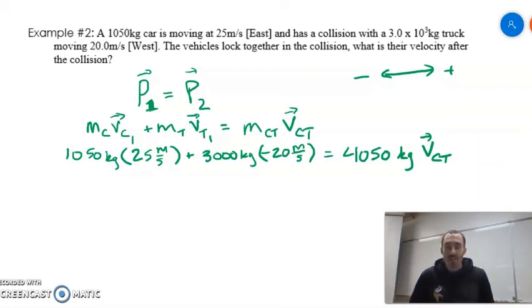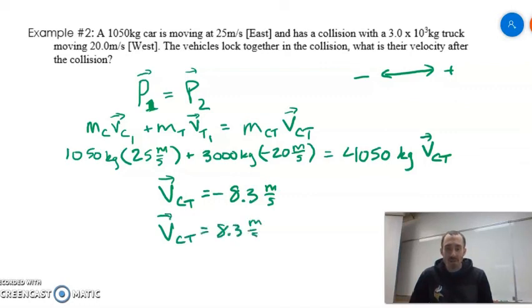You can put together the left side and then divide by 4,050, and you get a car-truck velocity of 8.3 meters per second, but negative. So our final velocity, we should translate that negative into a direction: the velocity of the car-truck is 8.3 meters per second to the west.